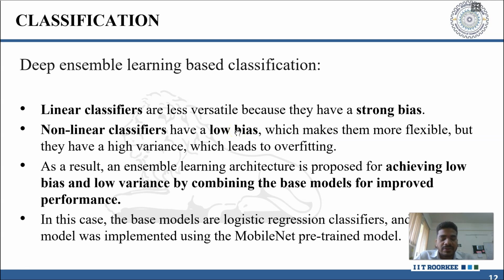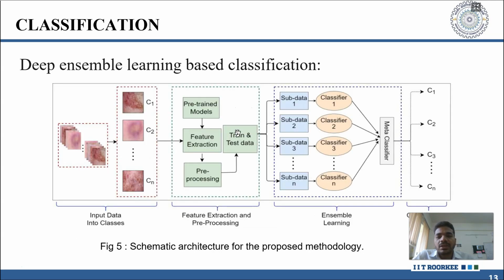We used logistic regression classifiers as part of the proposed model, implemented with the help of the pre-trained MobileNet model. Mainly, our idea is that the logistic regression classifier with the MobileNet pre-trained model gave very good results compared to other models. So this is the proposed idea architecture in the form of a diagram.